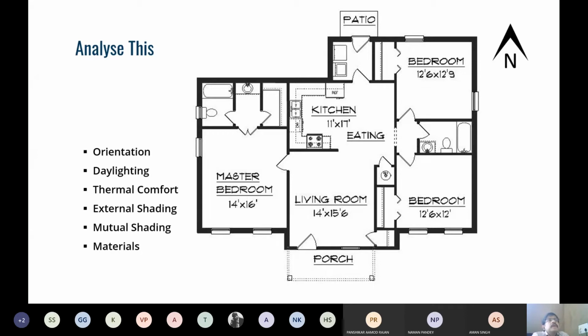No. Make it a habit that your north should be pointing vertically upwards. Now looking at this plan, I would expect you to analyze this based on your theoretical understanding, orientation. What would you comment about the orientation? What is your comment about the daylighting within this building?